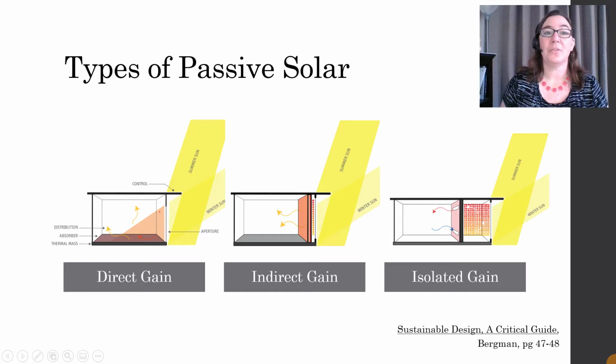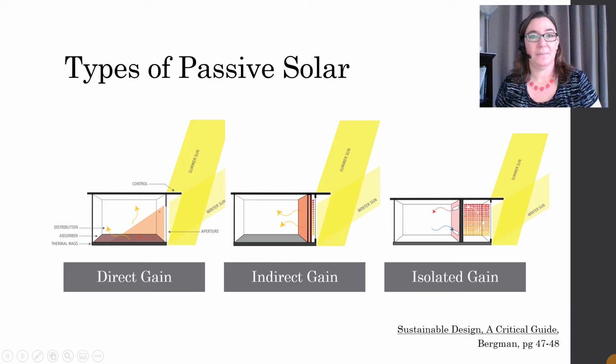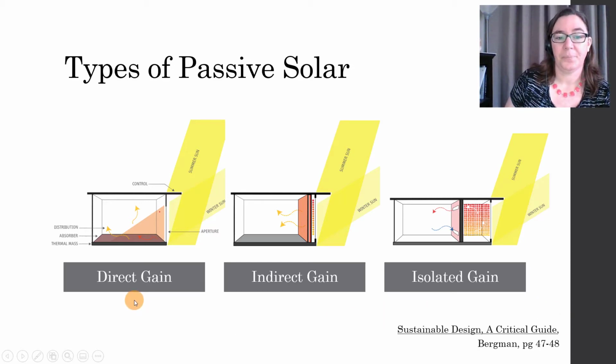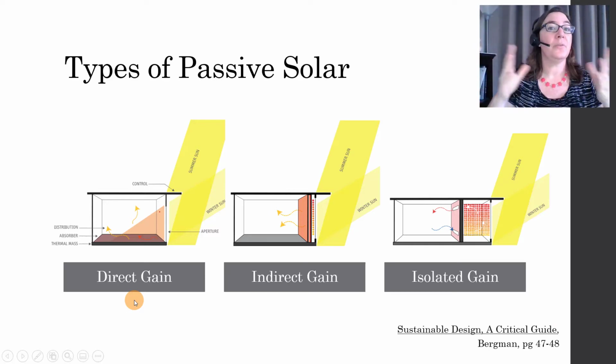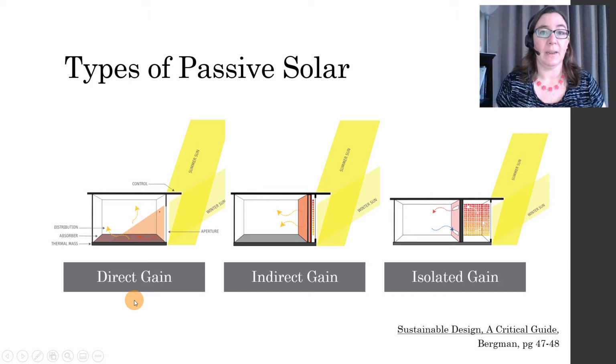Let's talk about the 3 major types of passive solar design. And they are direct gain, indirect gain, and isolated gain. Starting over here with direct gain, this is where the sun passes directly into the living space of the building where your occupants are, and is distributed that way.